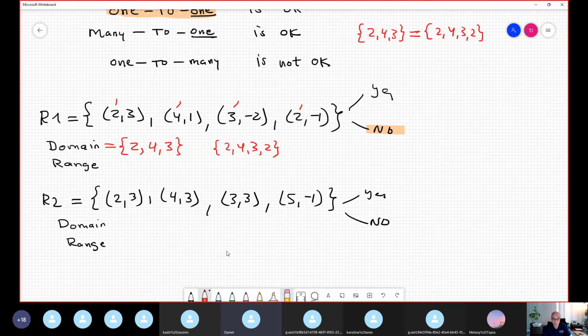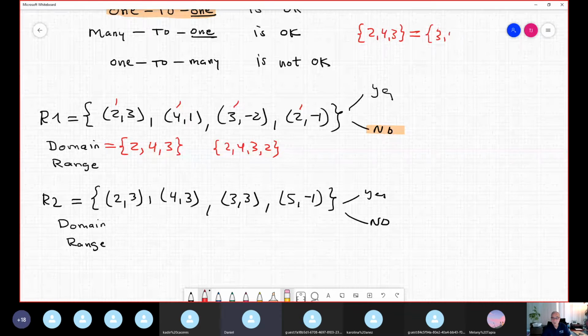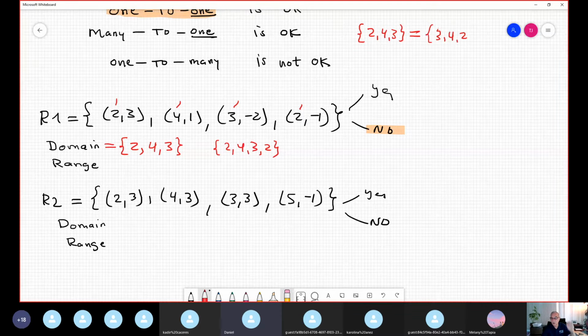And another important thing in the set is that the order doesn't matter. It is equivalent to the set {3, 4, 2}, because the order is totally irrelevant, it's not important. And another possibility is to copy 4, 3, and 2.